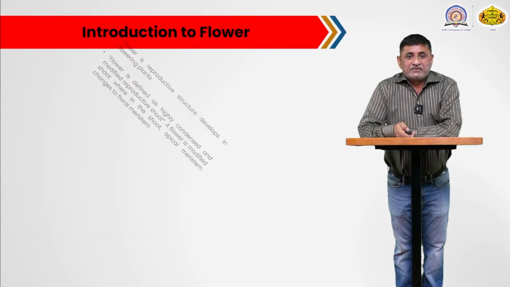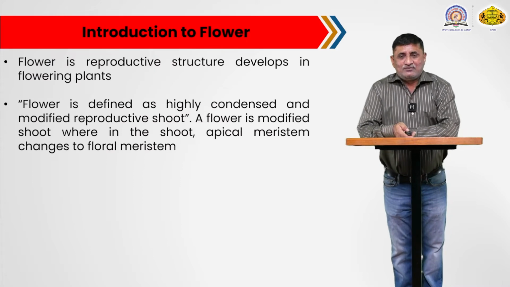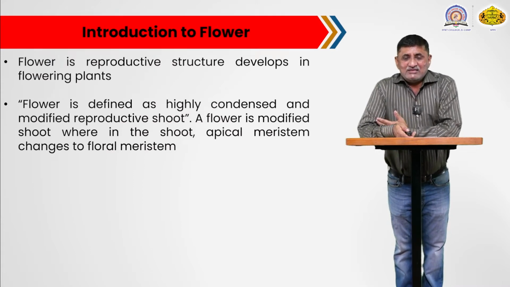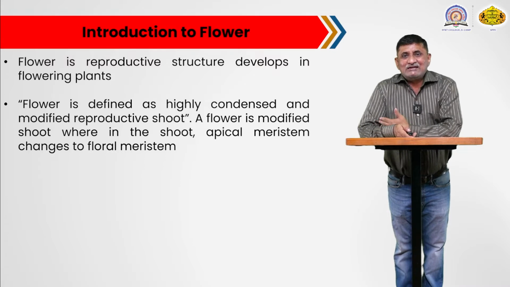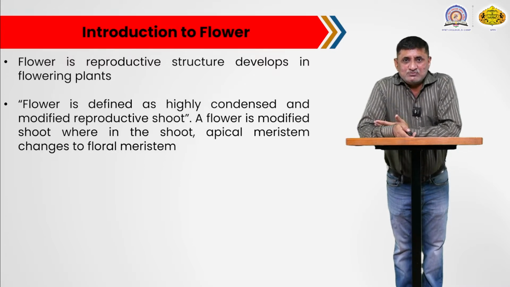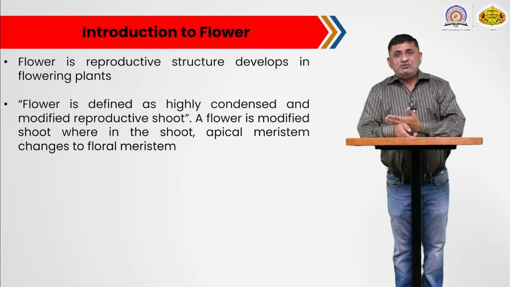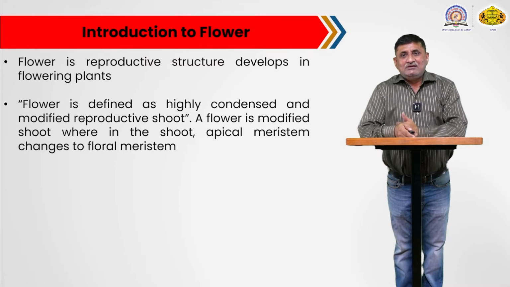You know, students, when a plant achieves growth and reaches maturity, at that time the vegetative buds get converted into reproductive buds, because the plant wants to reproduce, and because of that reproductive structures are developed in all kinds of plants in different ways.